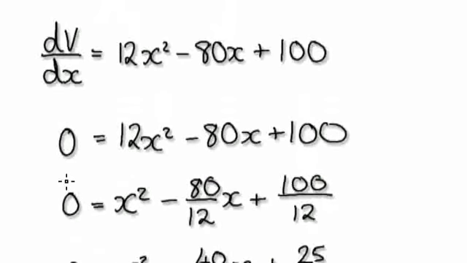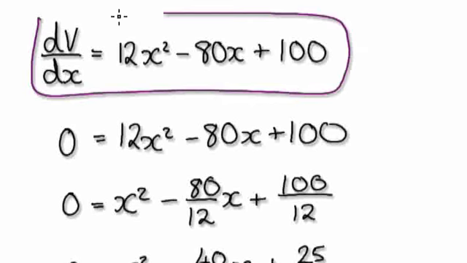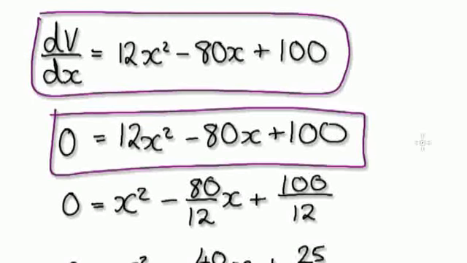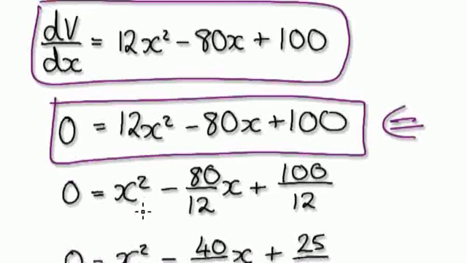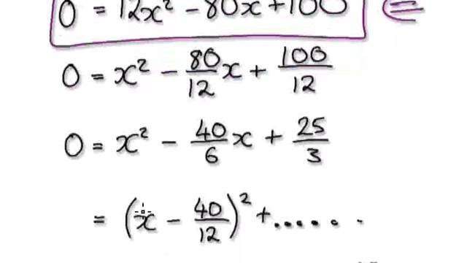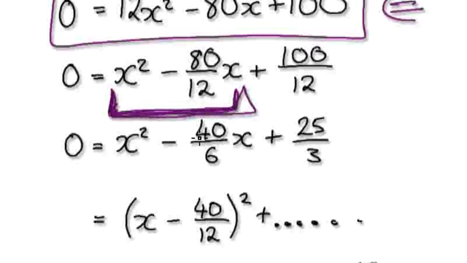Basically, you're currently here: dv by dx equals this. Find out when the gradient will be 0. So it's really you solving this. Use whichever method you want. Here, divide everything by 12, and then it's really you completing the square. If you don't know what completing the square is, watch one of the earlier sections.